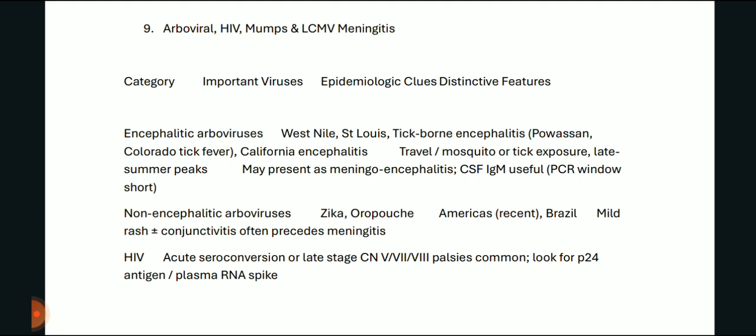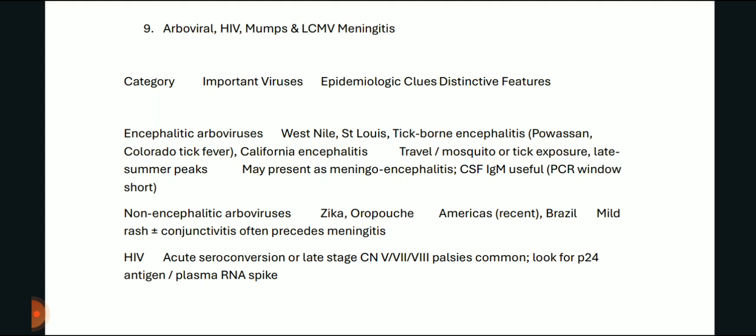Now, some information about the arboviral, HIV, mumps, and LCMV viruses, meningitis. Encephalitic arbovirus is seen in West Nile, St. Louis, tick-borne encephalitis, Powassan, Colorado tick fever, California encephalitis. There can be a history of travel or mosquito bite or tick exposure.